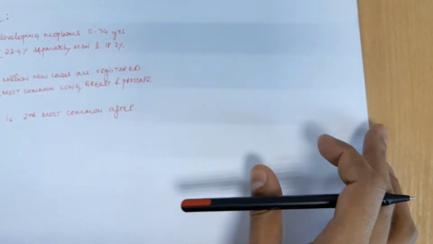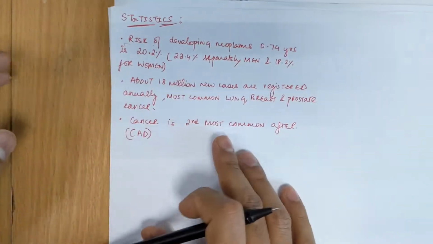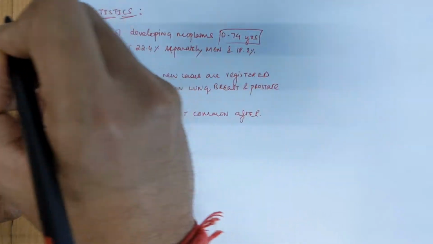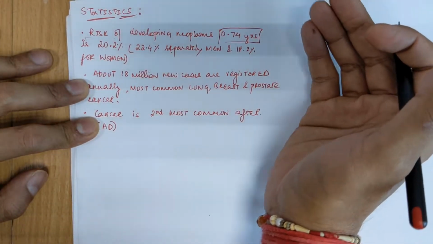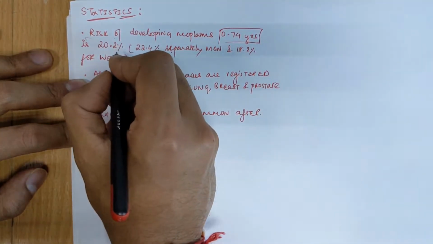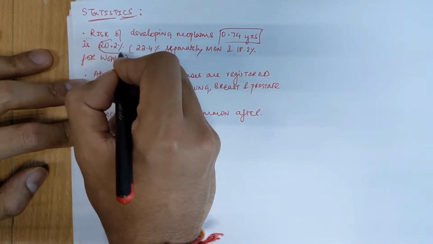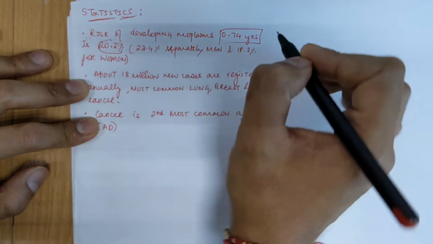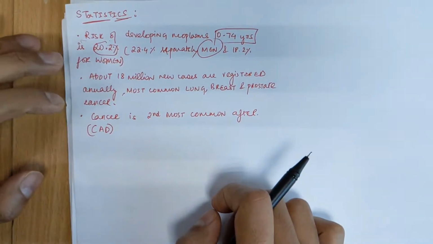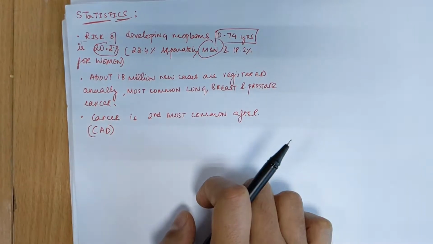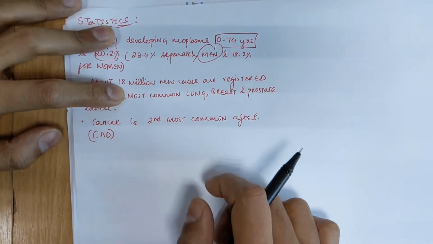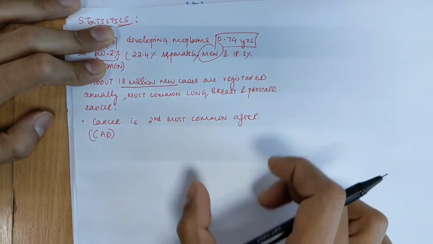Okay, now comes the statistics. If you look at the statistics for oncopathology or malignant tumors, we have the risk of developing neoplasm from 0 to 74 years of age, meaning from birth to the age of 74, at 20.2%, and out of this 22.4% for men and 18.2% for women. About 18 million new cases are registered annually, meaning every year we have 18 million new cases of malignant tumors.